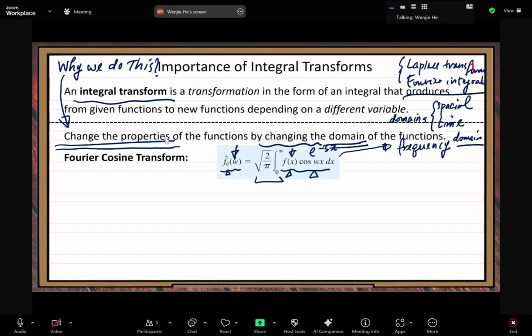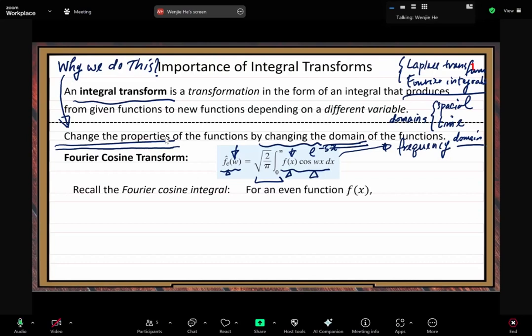Sometimes you work in the time domain, sometimes you work in the frequency domain. So you can do much more than before, with this new tool.